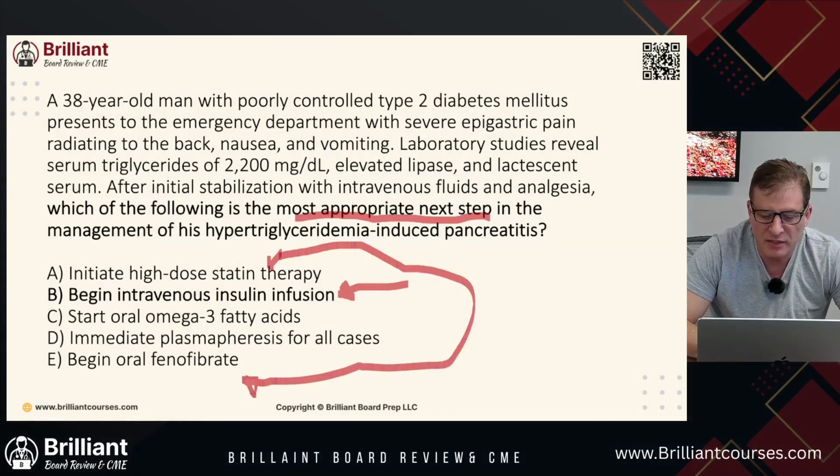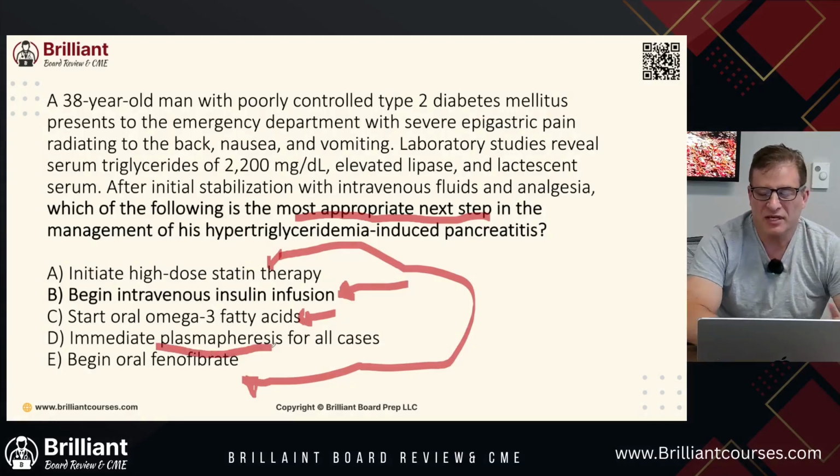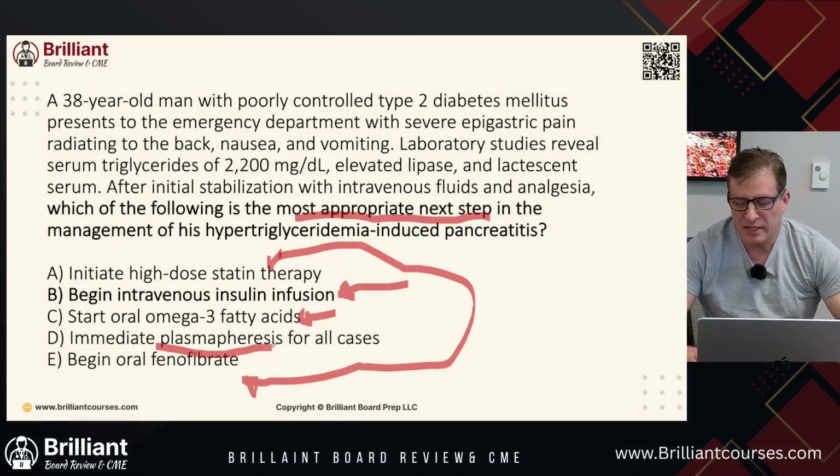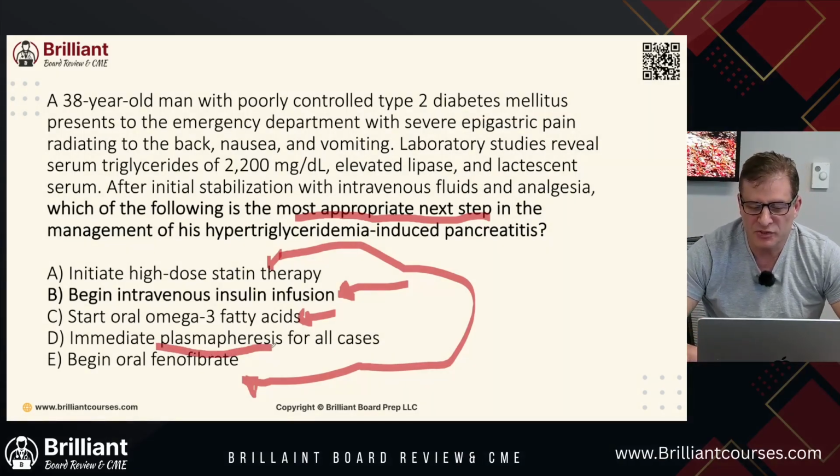I know that can cause myopathy, but in this case, it's important. You can begin oral omega-3 fatty acids, which is your fish oils. Plasmapheresis or apheresis can be done, and we'll talk about that, but usually in current literature IV insulin infusion is being done first.